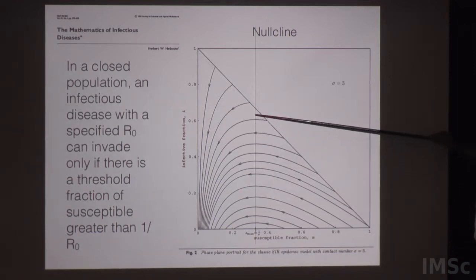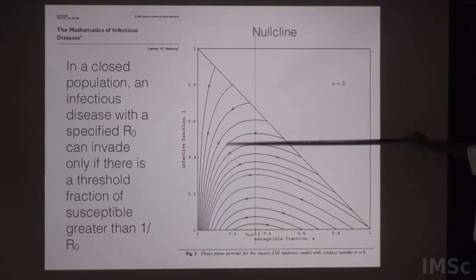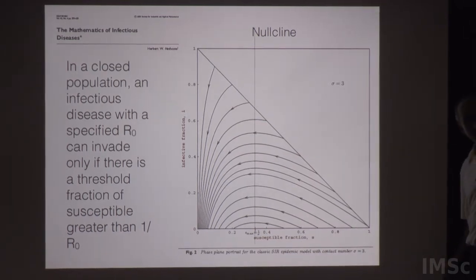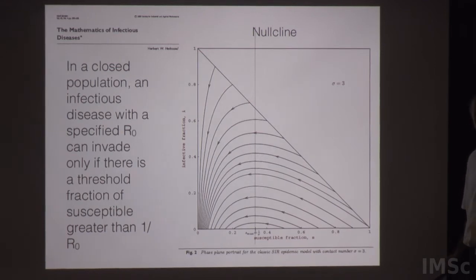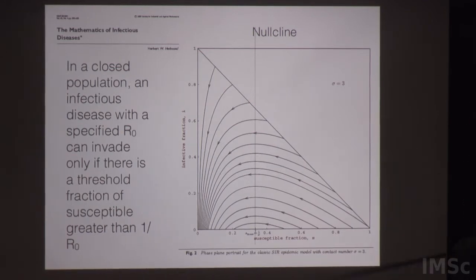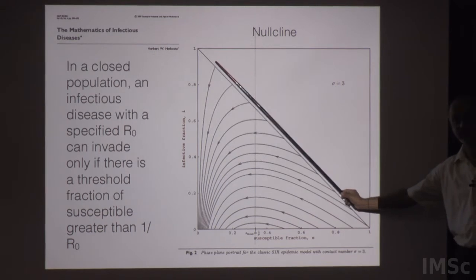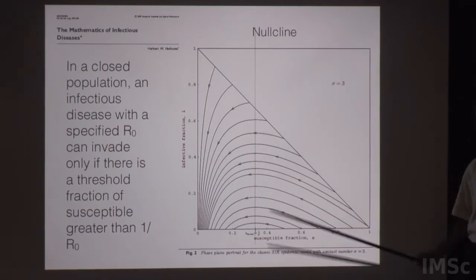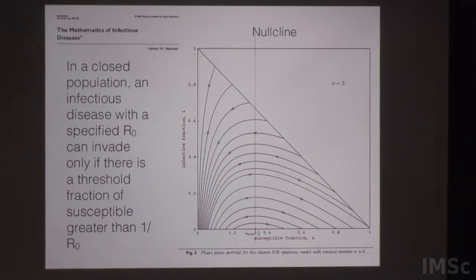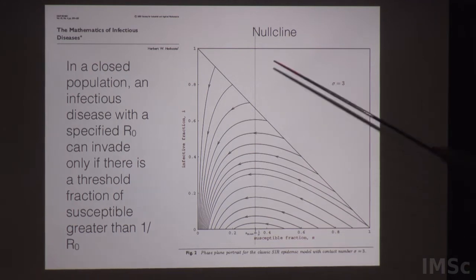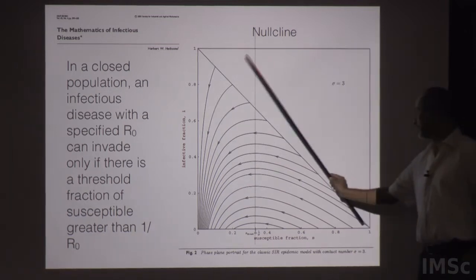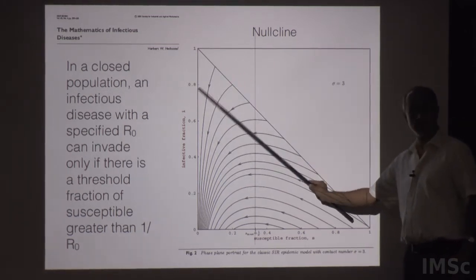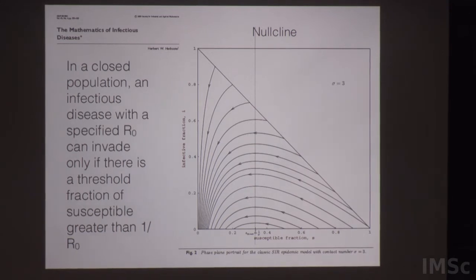Even if I had so many infected people here, this will always have to come down. People will get better, and the fraction of people infected in the population can only go down and cannot go up. Because you will see that this is a natural boundary here, this line here, because S plus I cannot be greater than N on its own. In this case the sum of these quantities has to be equal to 1. Therefore, all these curves must fall below this line, that is the only physical part of this curve.